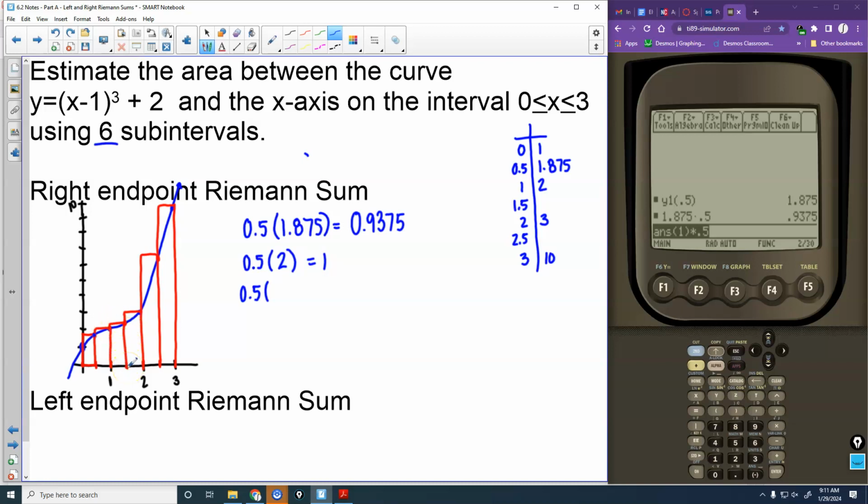If we're looking for that third rectangle, this point right here is the highest point on that rectangle that's on our graph, right? What's the x coordinate for that there? 1.5. So if we do y1 of 1.5, we will get 2.125. I'm sorry, 2.125. Wrote that down wrong.